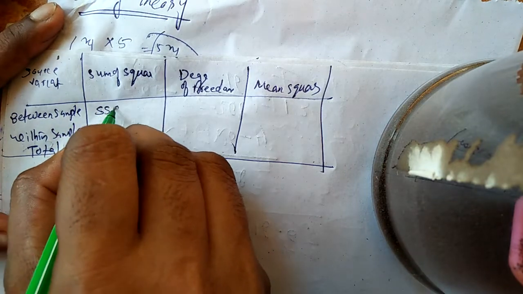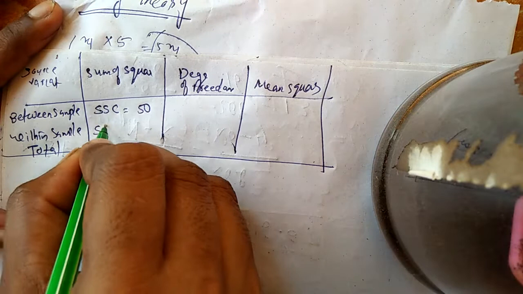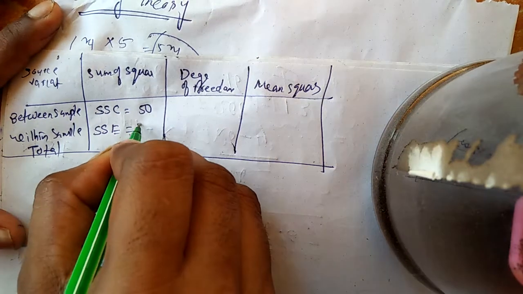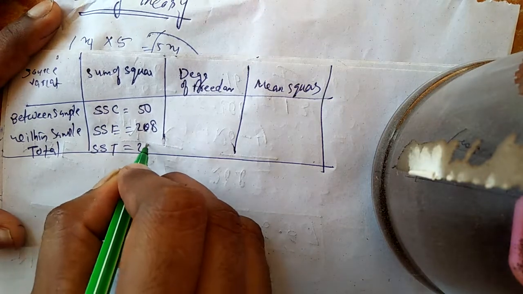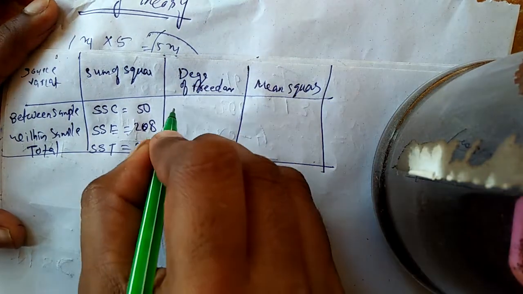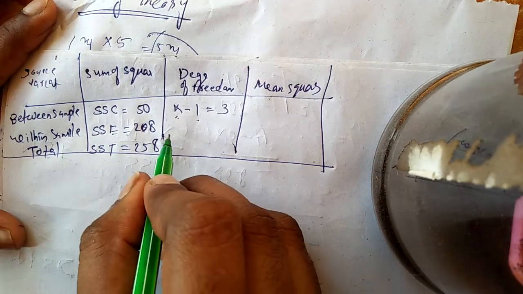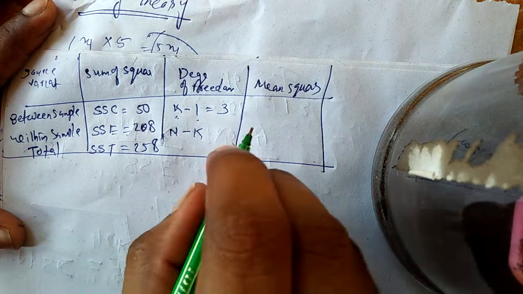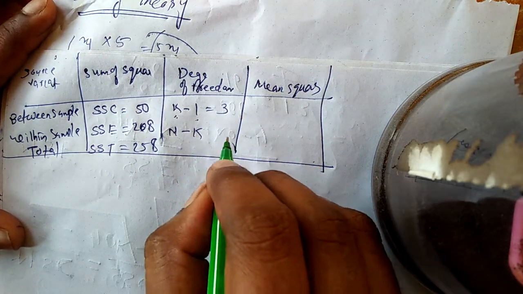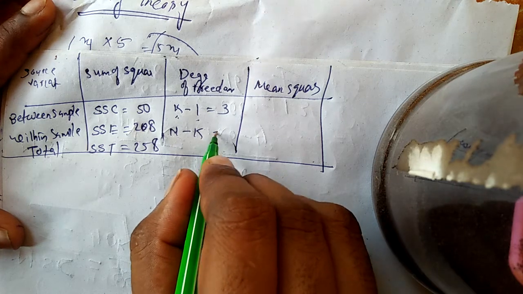Between sample SSC, you got 50 and SSE you got 208. SST is 258. Next K minus 1 is 3. K is 4, 4 minus 1 is 3. Within sample degree of freedom, N minus K, is 16.